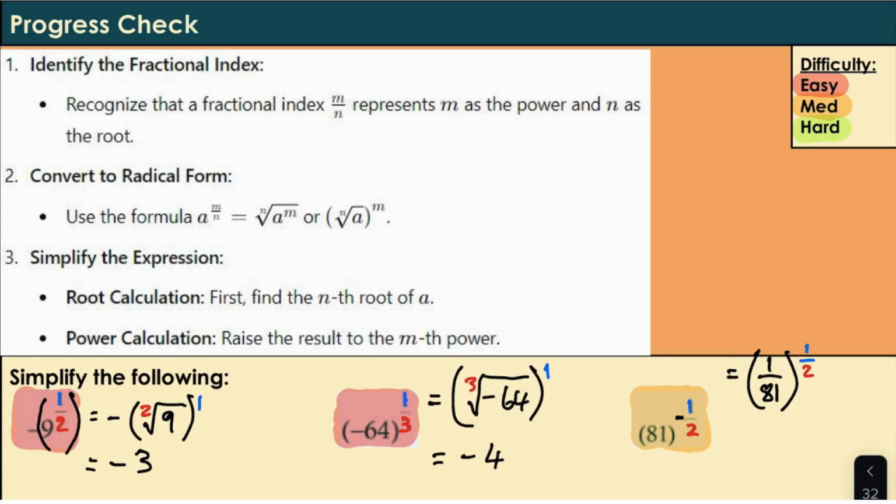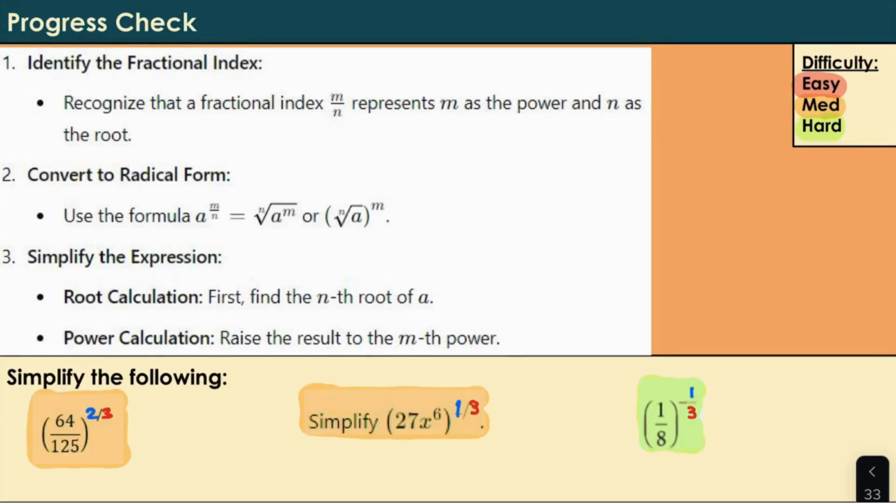So the half is allocated to the 1 and to the 81. That means we need to find the square root of 1 over the square root of 81. Now the square root of 1 is 1 and the square root of 81 is 9. So our solution would be 1 over 9.